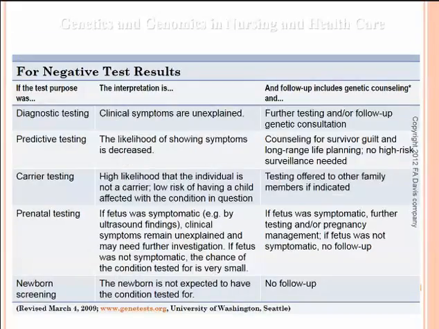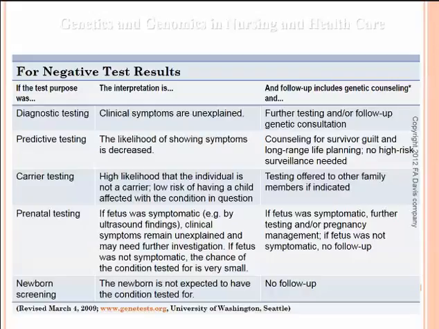This chart is for negative test results and what your follow-up might be. So a diagnostic test that is negative, there might be some clinical symptoms that are still unexplained, so you might have to do some further digging. Predictive testing, the likelihood of showing symptoms would be decreased, so you would have to do some counseling to that person, more about maybe some survivor guilt or long-range planning, but no high-risk surveillance would be needed at that point.